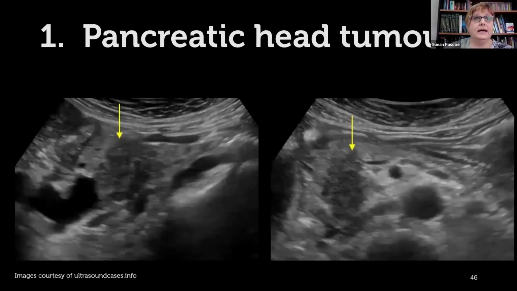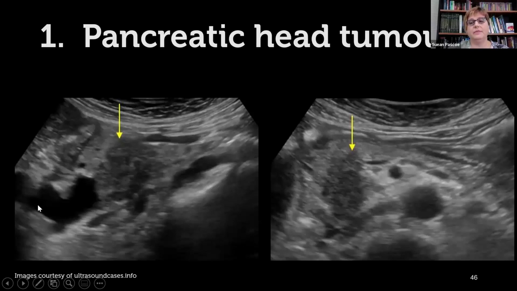So here's an example of the pancreatic head tumour. We've got this irregular, poorly defined mass, and it's quite hypoechoic compared to the body of the pancreas over here. In this one, we can also see this massive, big dilated bile duct as well.